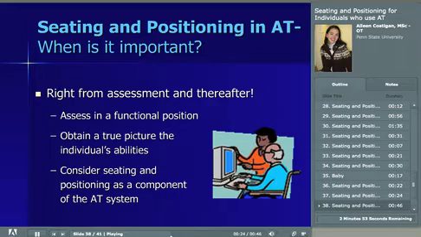Assessment in proper seated position allows the assessor to get a true picture of the individual and their abilities. In the absence of proper seating and positioning, a skewed perspective of what the individual is really able to do may be obtained, and abilities that might be really useful from an assistive technology perspective could be over or underestimated.